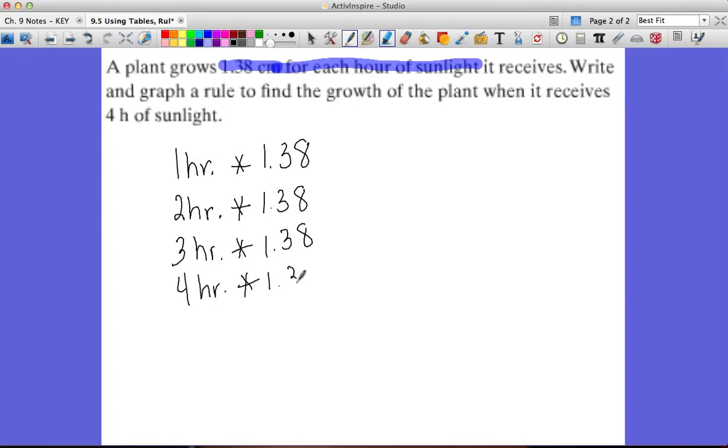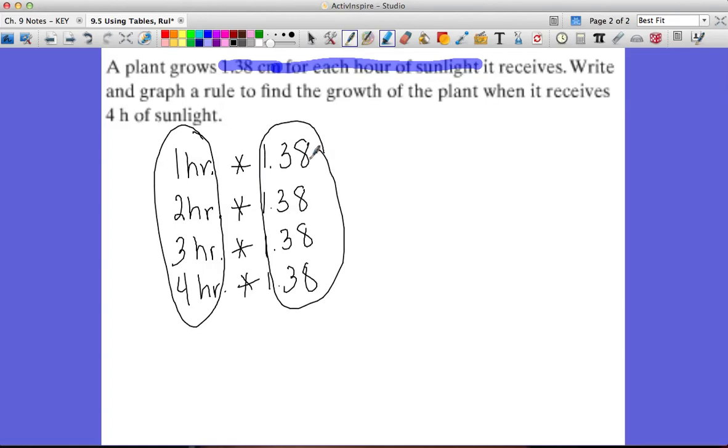Now, instead of writing out all these different times with all these different numbers, you'll notice that these numbers change and this is your constant. So for that reason, since this changes, this is where we use our variable. In this case, we will say that the growth, so G of the plant, is equal to the number of hours times, and now we'll use 1 38/100 as the constant, and this will be our rule.